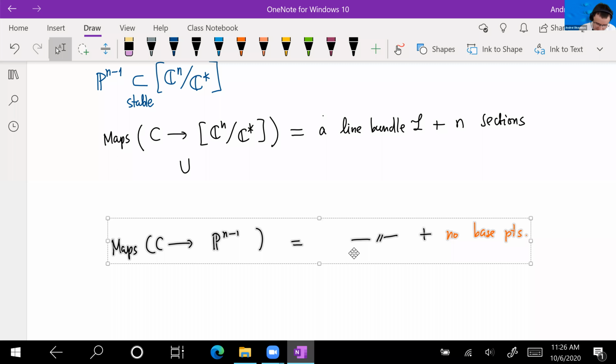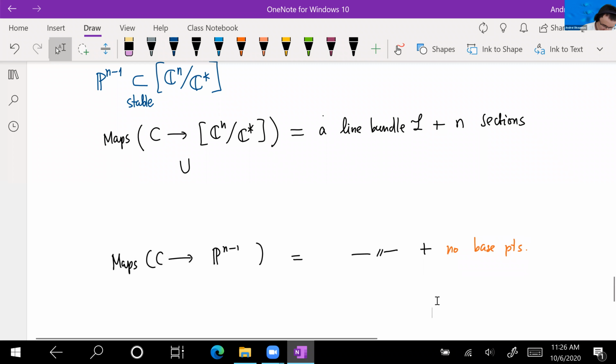So that's not good. So there will be an intermediate moduli space, and for historical reasons this is called Quasimaps, or maybe stable Quasimaps.